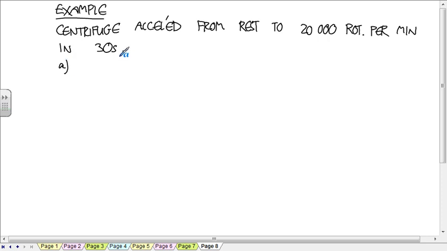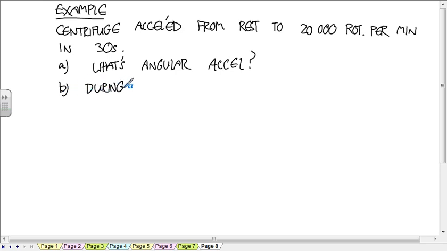And we want to know first, what's the angular acceleration? And second, during those 30 seconds, how many revolutions does it make?